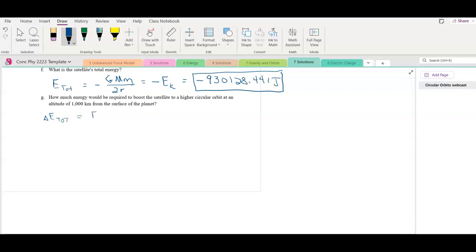And that's going to be the total energy at 1,000 kilometer altitude minus the total energy at the 140 kilometer altitude. Okay, so I need to find the orbital radius at the higher altitude.